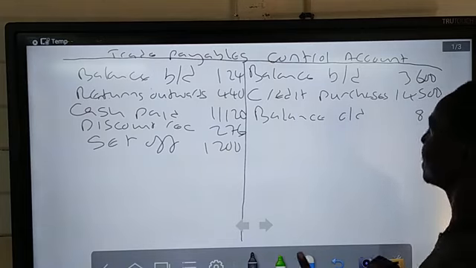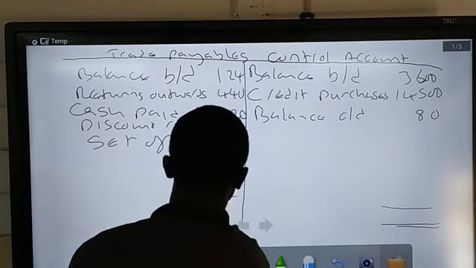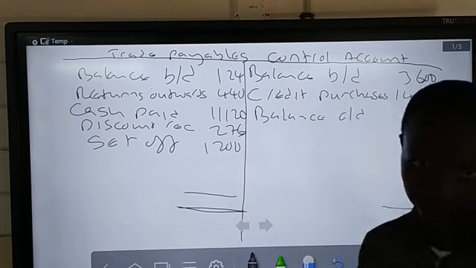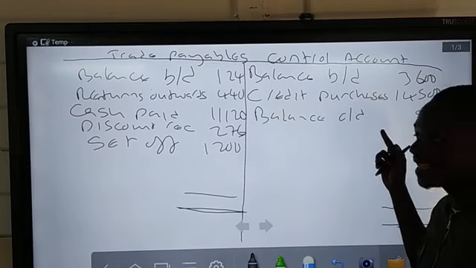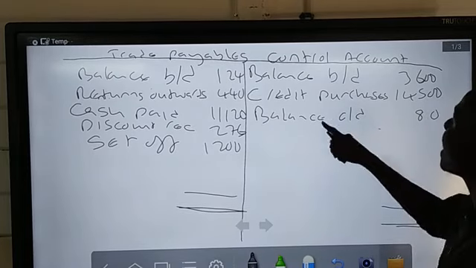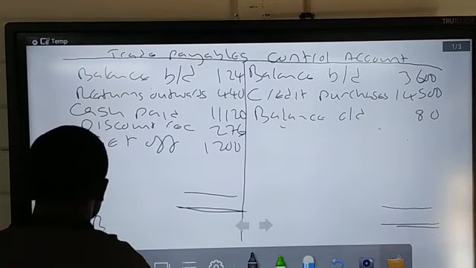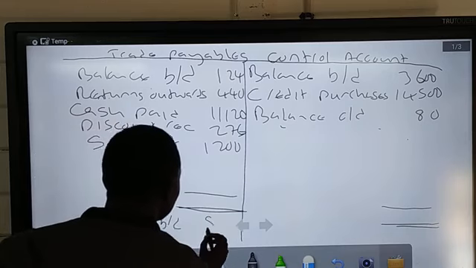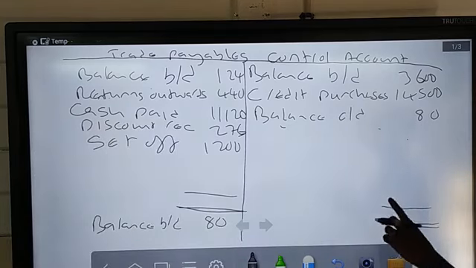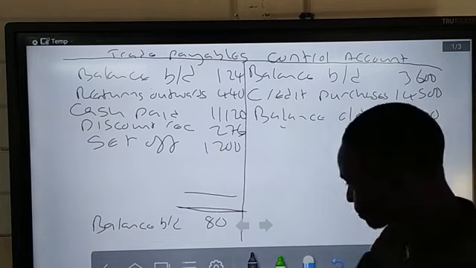Then we have recorded all other transactions, so we have to balance off the account. Why did I record this 80 on the credit side? Remember, they said it's a debit balance. I record it on the credit as balance c/d. Then at the end of the year, I carry it down as balance b/d of 80. So as you can see, it's actually a debit balance.